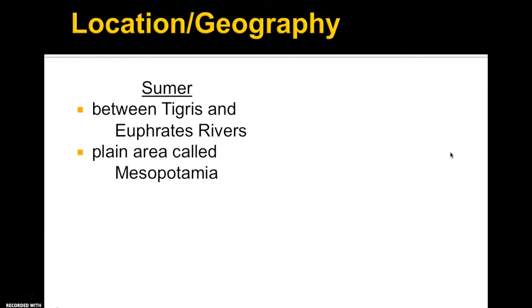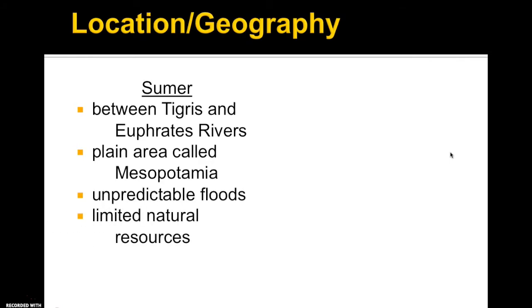These plains are also called Mesopotamia, as you may see on one of your tests. It does have unpredictable floods, so that is an example of where you see the geography hindering the civilization. And there are natural resources in this area, but they have to make do with what they have.